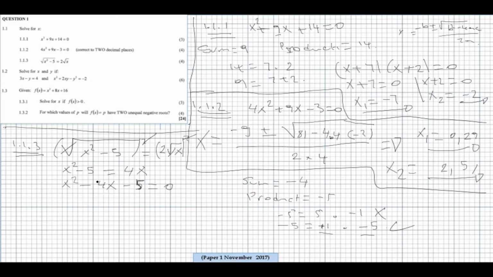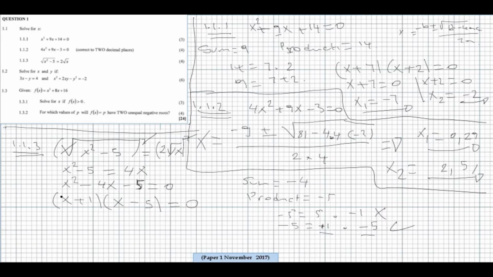So now to factorize this expression, I will just say x plus the first number, which is positive 1, and then I multiply by x plus the second number, which is negative 5, is equal to 0. If I expand this, I'm gonna get this expression here.